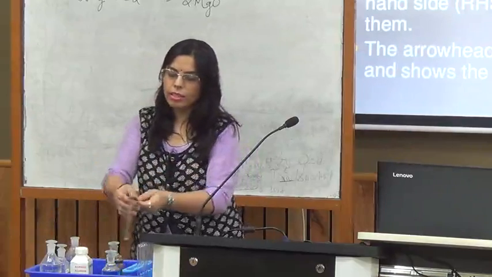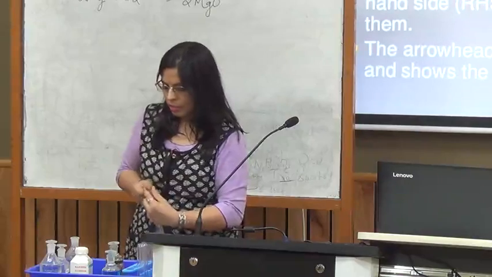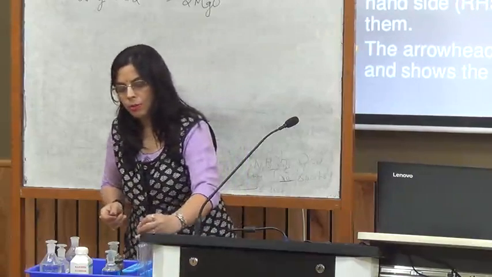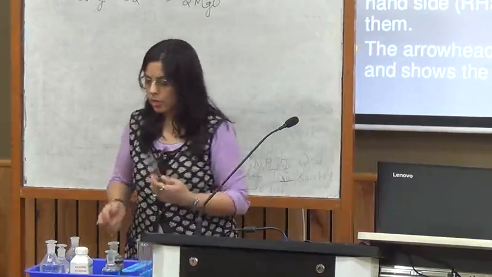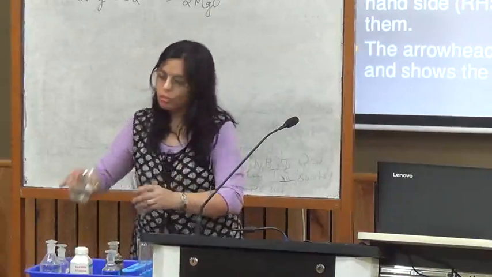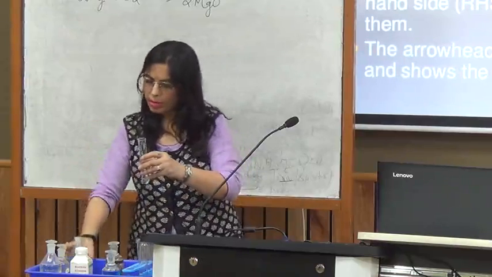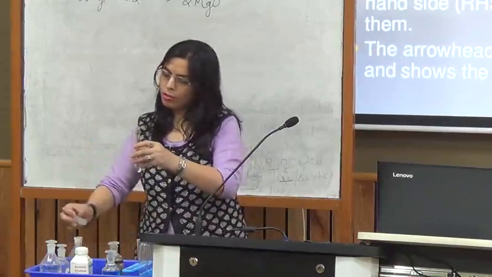The reagent bottle must be closed immediately after you use the solution. In the other test tube, I'm taking a small quantity of lead nitrate solution. Similar quantity, though I have not measured it.